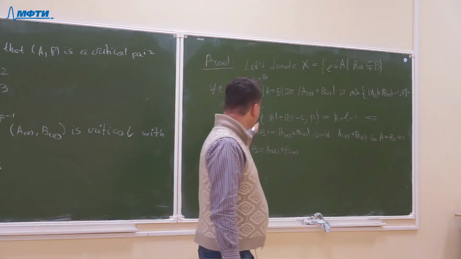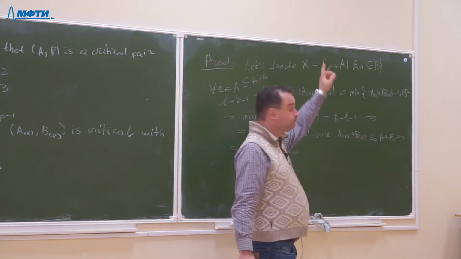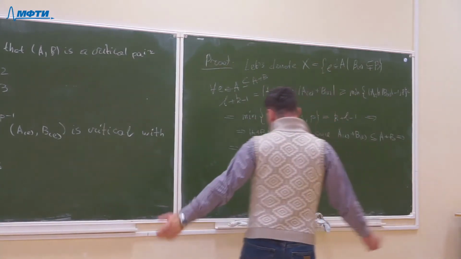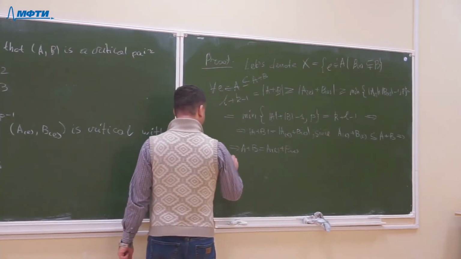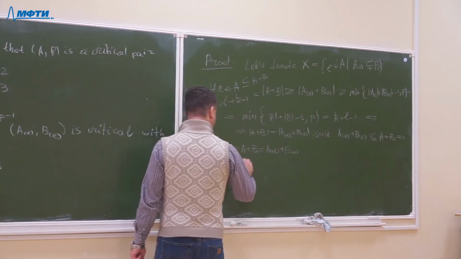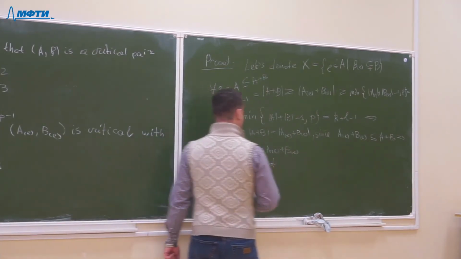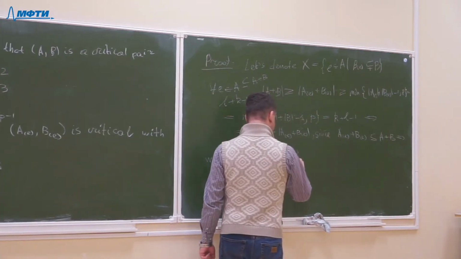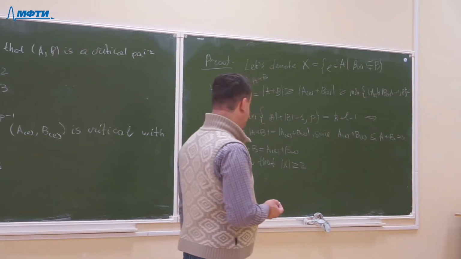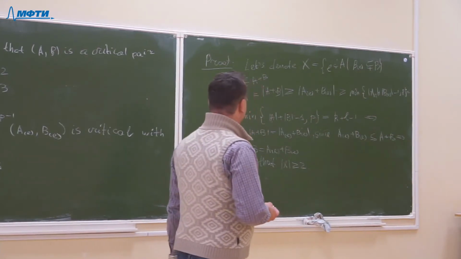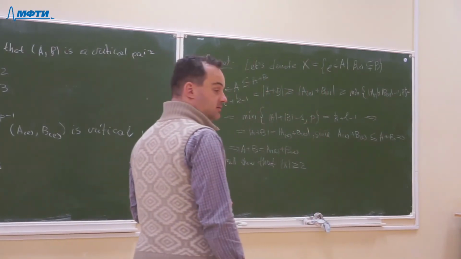Next, we defined this X. Well, we shall show that the cardinality of X is at least 2. Well, how to do that? Well, what do we know about this?